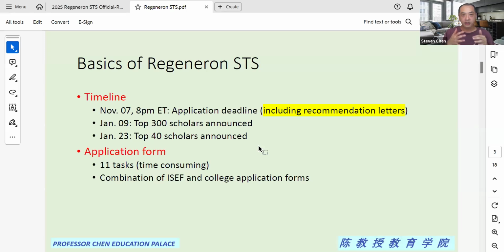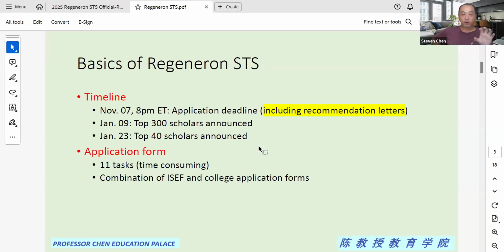The deadline to submit your application for this year's Regeneron STS is November 7, 8 p.m. Eastern time. Okay? And please note that for STS, you need to submit your recommendation letters. We'll talk about it in a second.